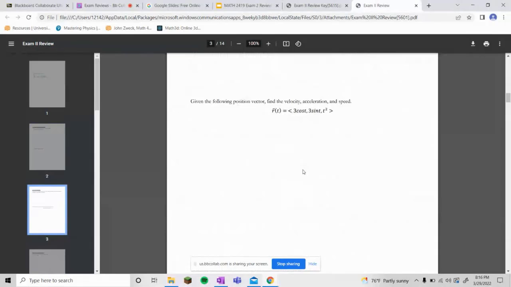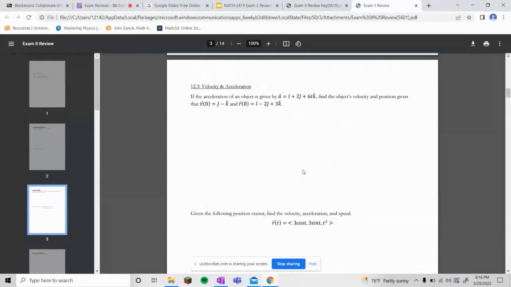Velocity and acceleration. So we have constant acceleration. Oh, that's not constant acceleration. So the acceleration is increasing in z. But we're given the acceleration vector, and we're asked to find velocity and position. And then we're given some initial conditions, because it's at time t is 0.